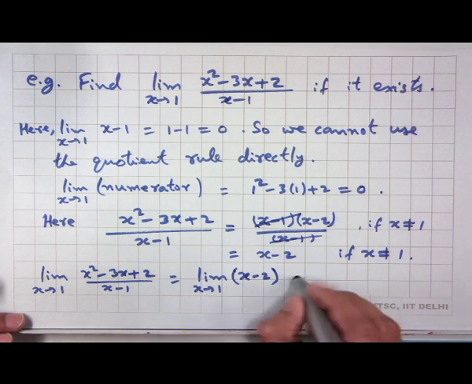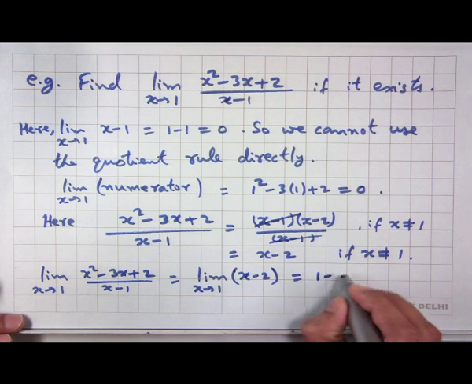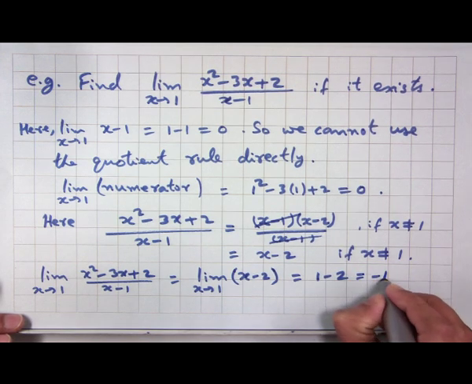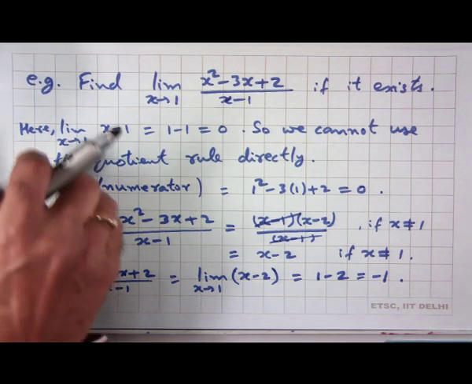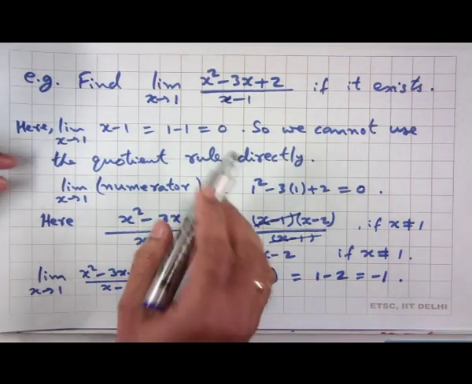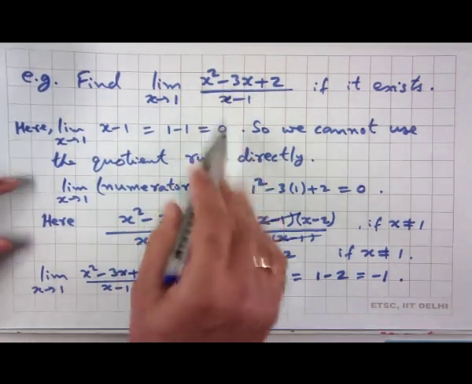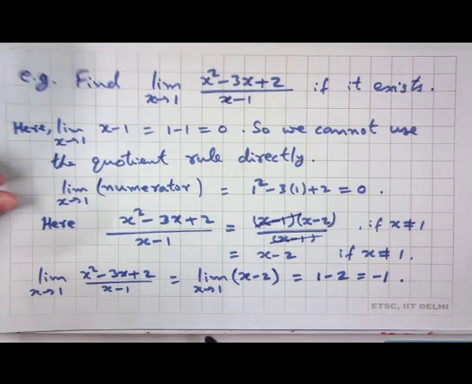So, this is just a polynomial, 1 minus 2, which is minus 1. So, in this example we see that even though the limit of the denominator is 0, the limit of the quotient might exist. So, this is one way of trying to find the limit.